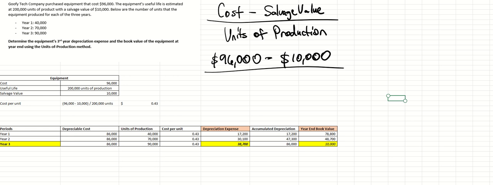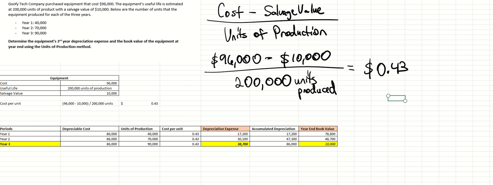Divided by units of production, the full 200,000 units. This gives us the cost per unit that needs to be applied to the units produced each year. Let me make sure the Excel sheet is not wrong. Yes, this gives us 43 cents per unit.